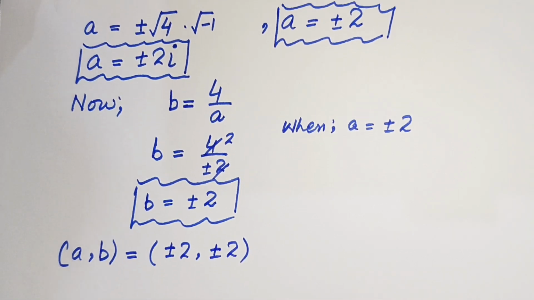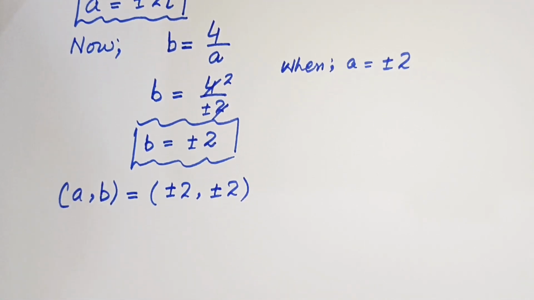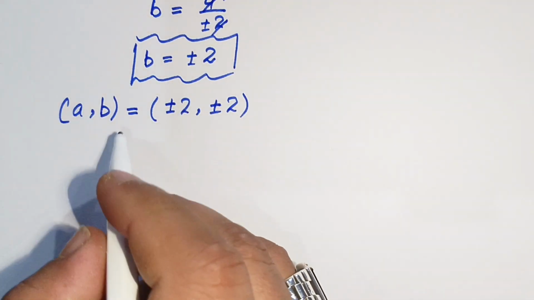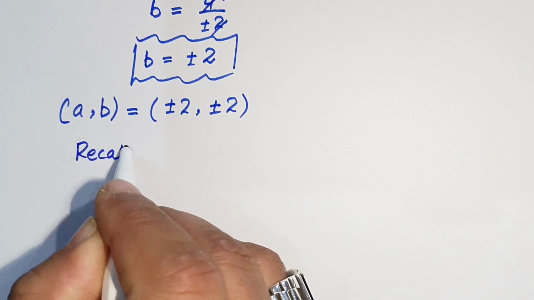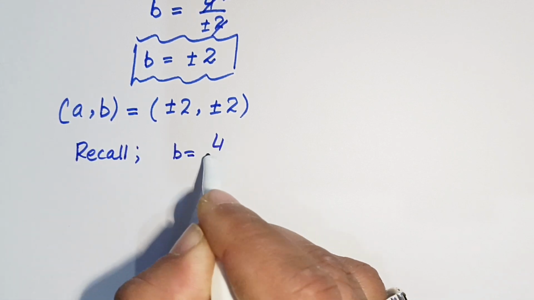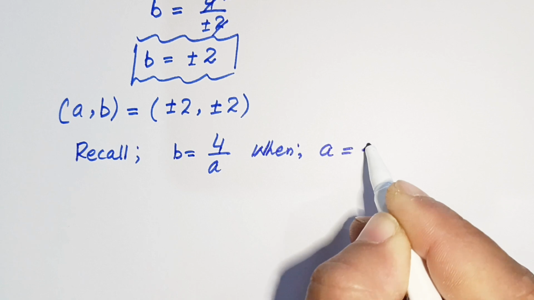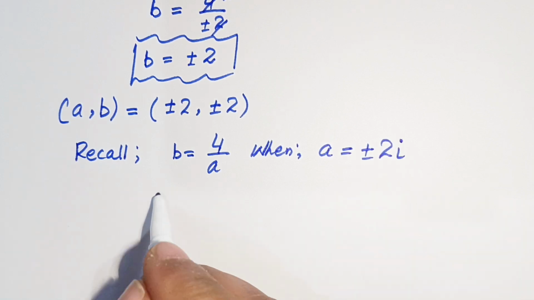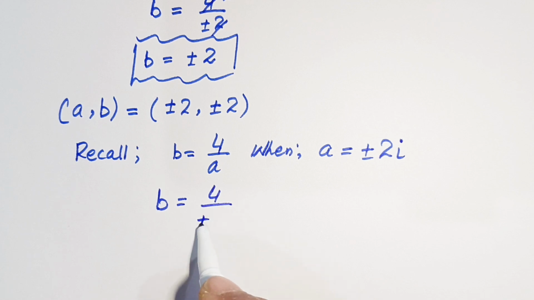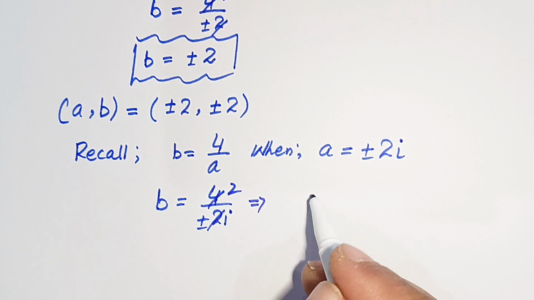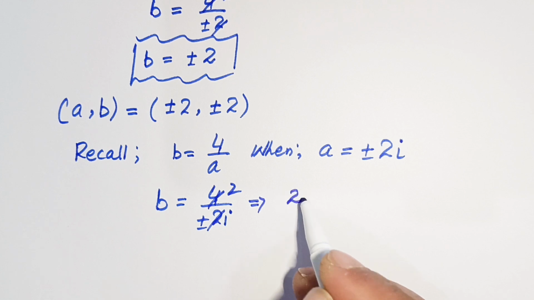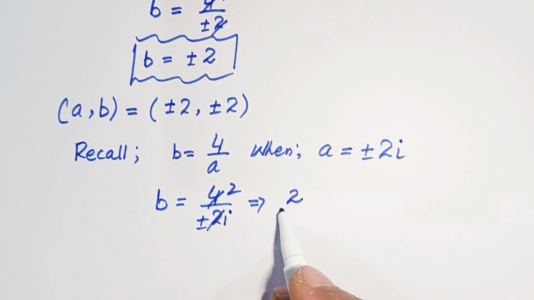Now when a is equal to plus minus 2i, recalling that b is equal to 4 over a, b is equal to 4 over plus minus 2i, cancelling 2's, 4 divided by 2, then we have b is equal to 2, and this plus minus we just write here, plus minus i.